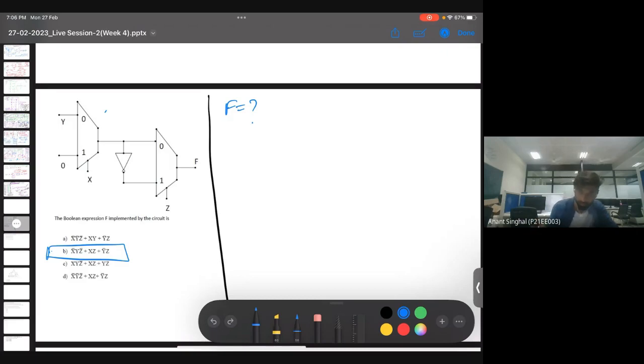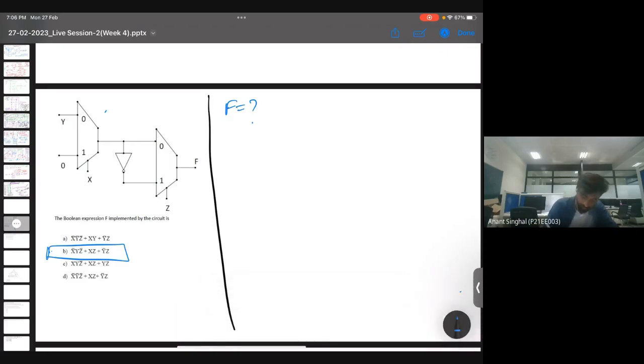Okay, so let me try to solve it. So we know that this is x, and so 0 will be x bar and 1 will be x. So the output of this circuit will be x bar into y plus 0. So here it will be x bar y, and the not of this will be x bar y whole bar, which is nothing but x plus y bar. So if I try to solve it now, f will be x bar y into z bar plus x plus y bar into z.